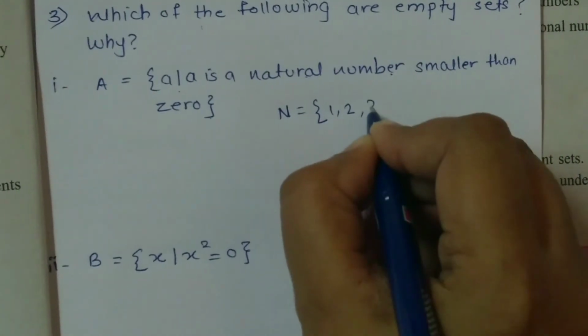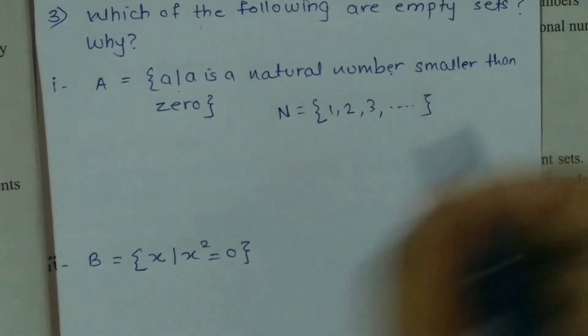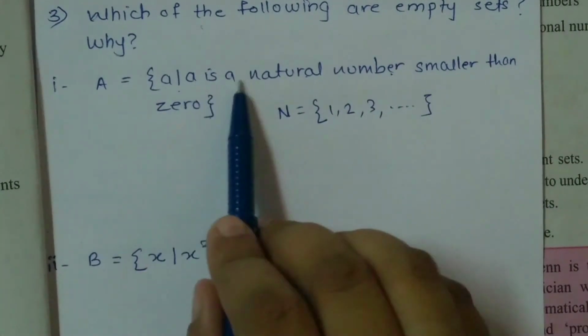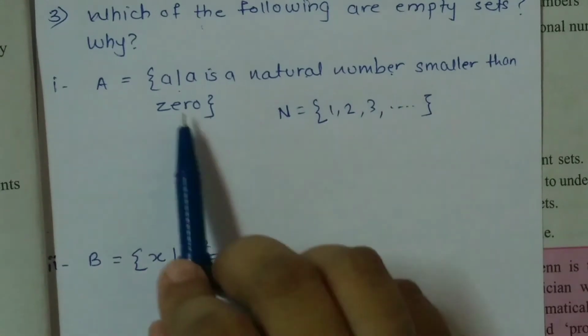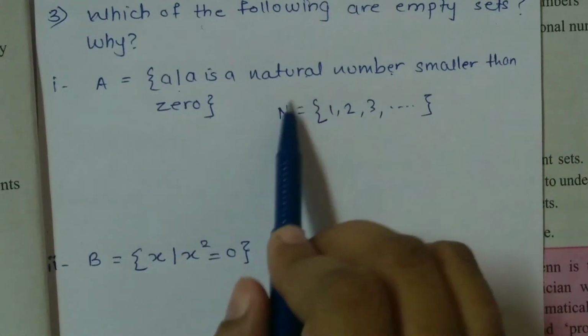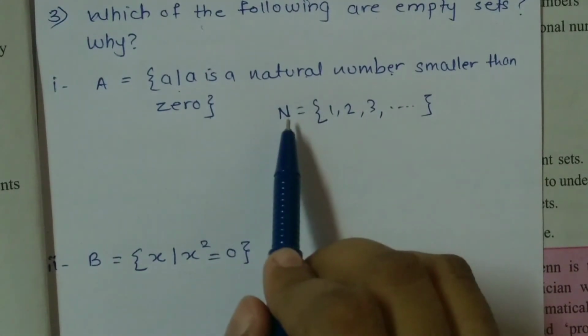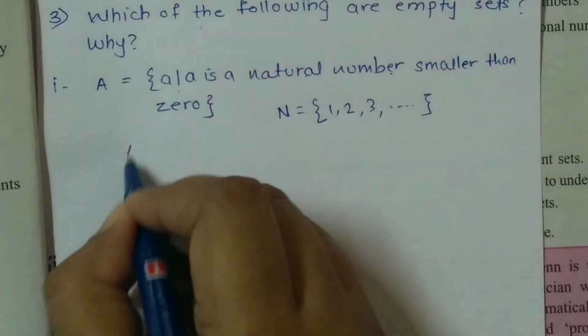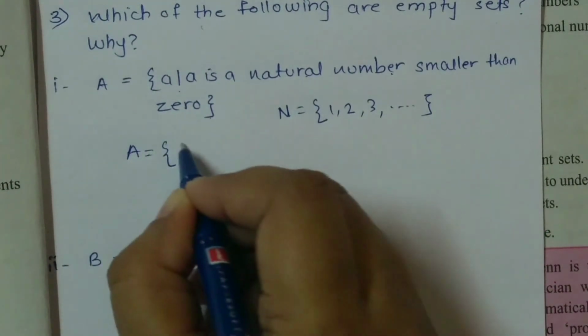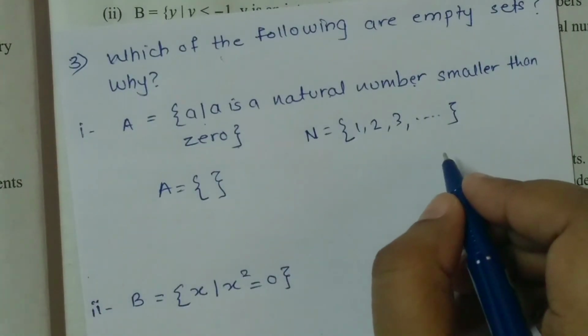One, two, three, and so on. And our condition is a is a natural number smaller than 0. Is there any natural number smaller than 0? No. So set A is equal to the empty set. And you have to write your justification here.